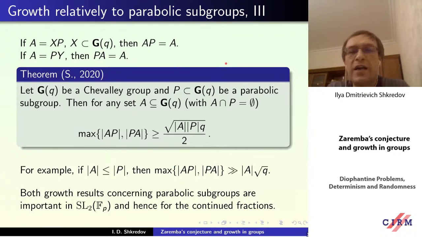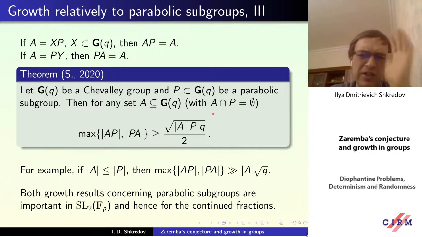But if I multiply simultaneously from the left and from the right, then there is a growth. For any set and any parabolic subgroup, with some mild restriction, say the intersection is empty, not important, then this maximum actually grows.